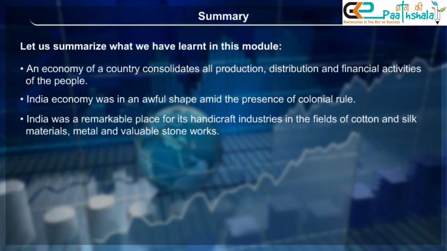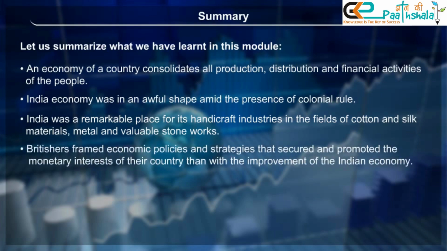India was a remarkable place for its handicraft industries in the fields of cotton and silk materials, metal, and valuable stone works. The Britishers framed economic policies and strategies that secured and promoted the monetary interests of their country, rather than the improvement of the Indian economy.